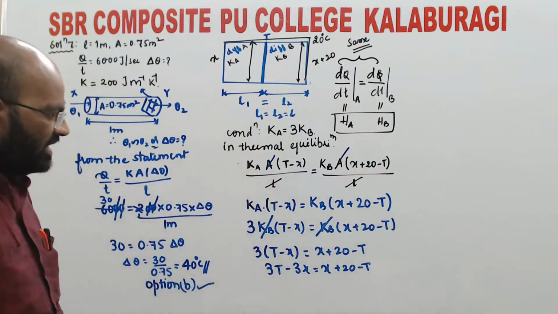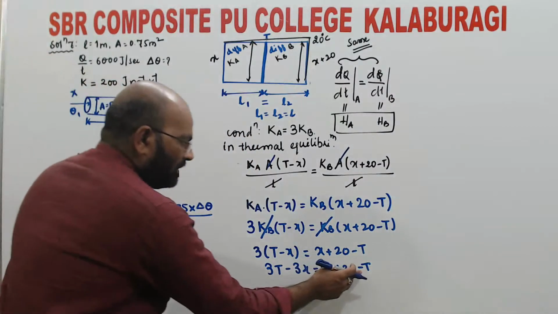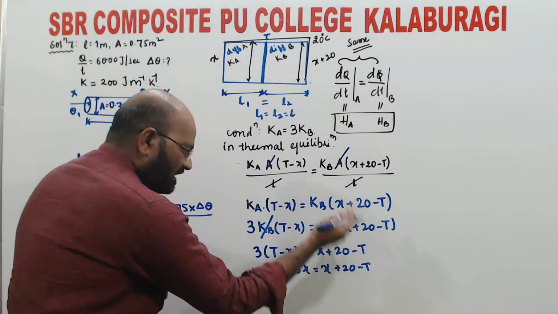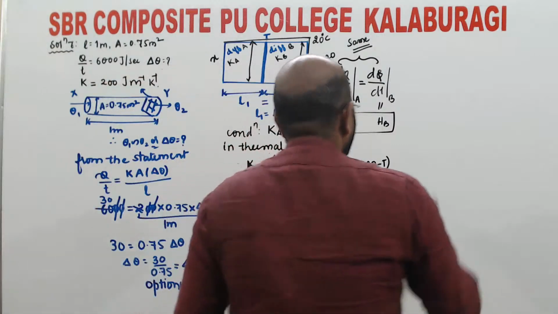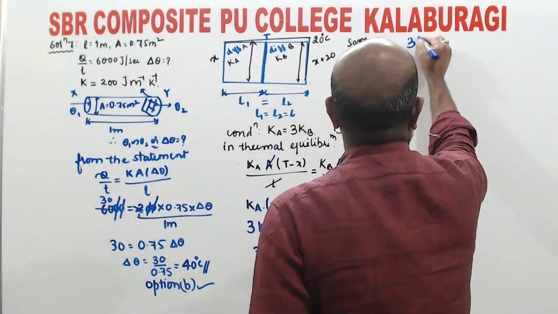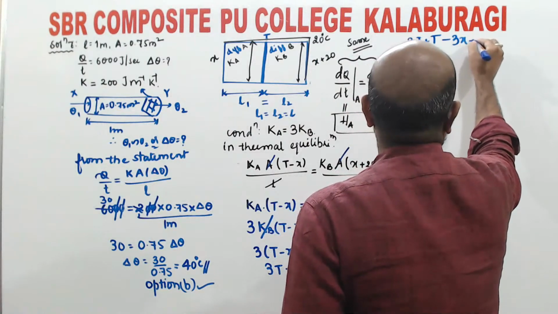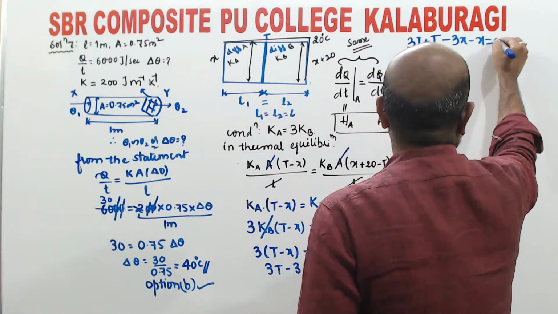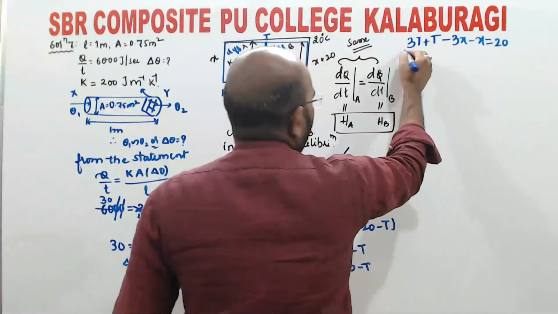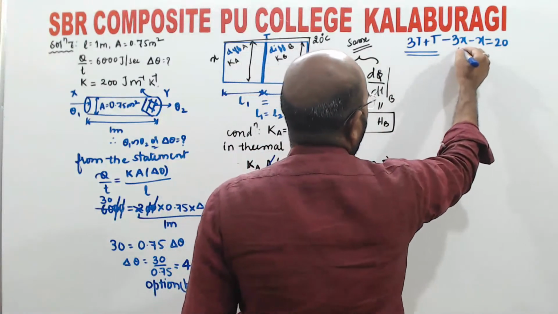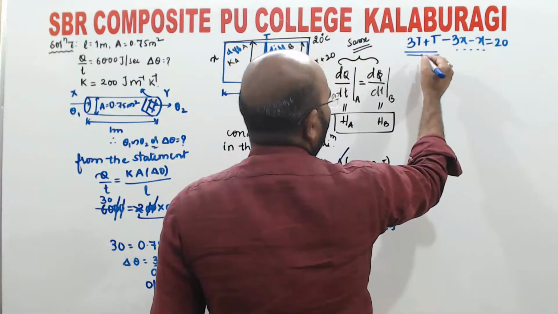Then move minus T from the right-hand side, and it becomes plus. So this is 3T plus T minus 3X minus X equals 20. Then 3T plus T, and these are X, similar terms.